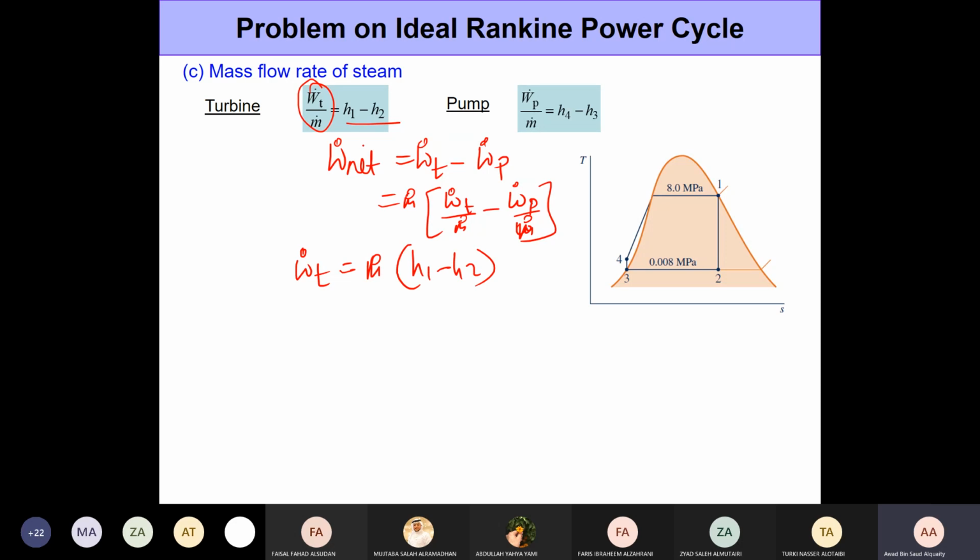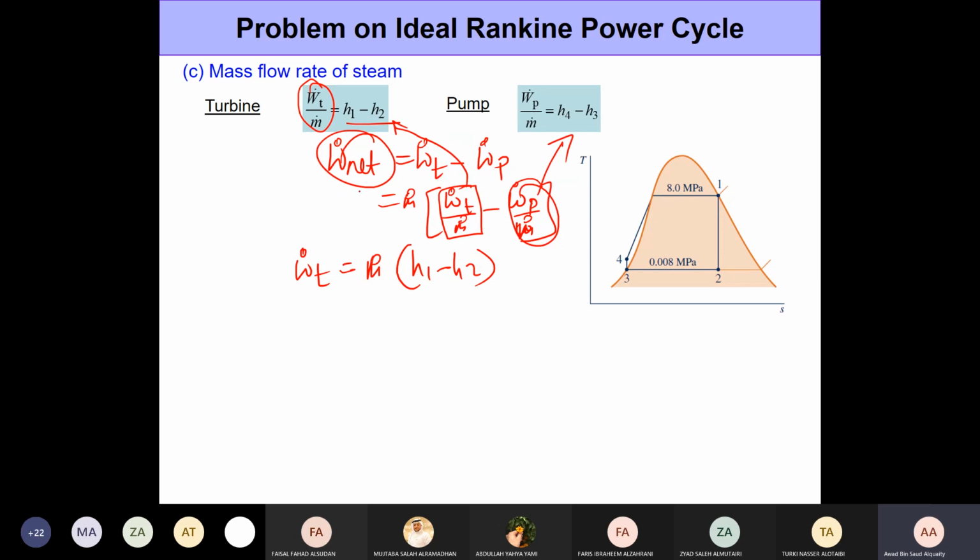The key point is that we know this value of net work output. We know the work output per unit mass from the turbine, which is this difference in enthalpies. Same way we know the work input per unit mass in the pump.